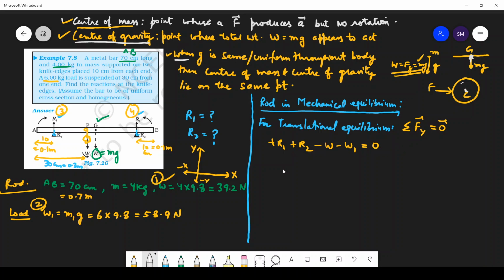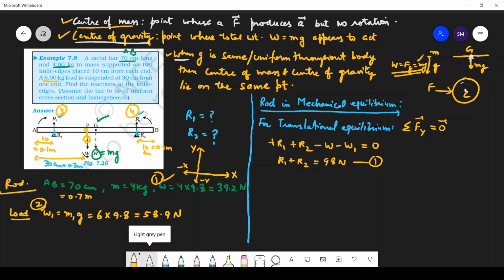So let us simplify it further, and you will get R1 plus R2 equals 98 newtons. Okay, simply add them, that is 98. And this side it will be negative, this side it will become positive. So this is your equation number 1.